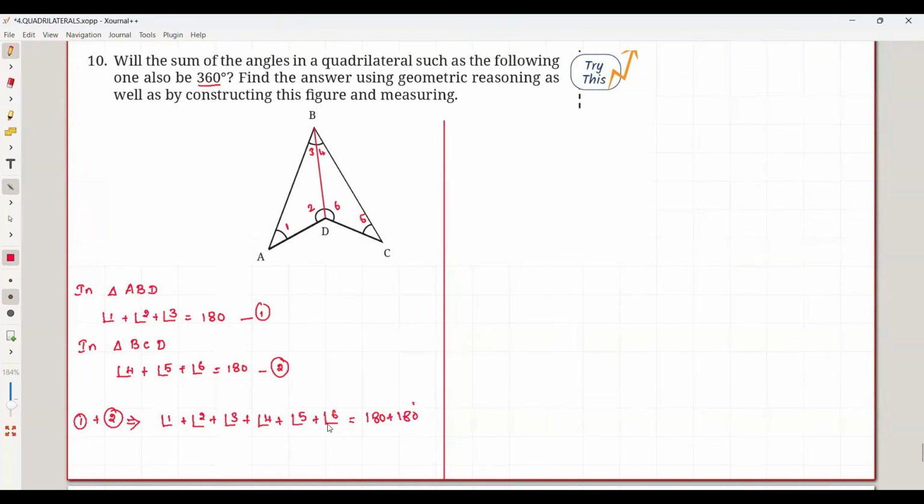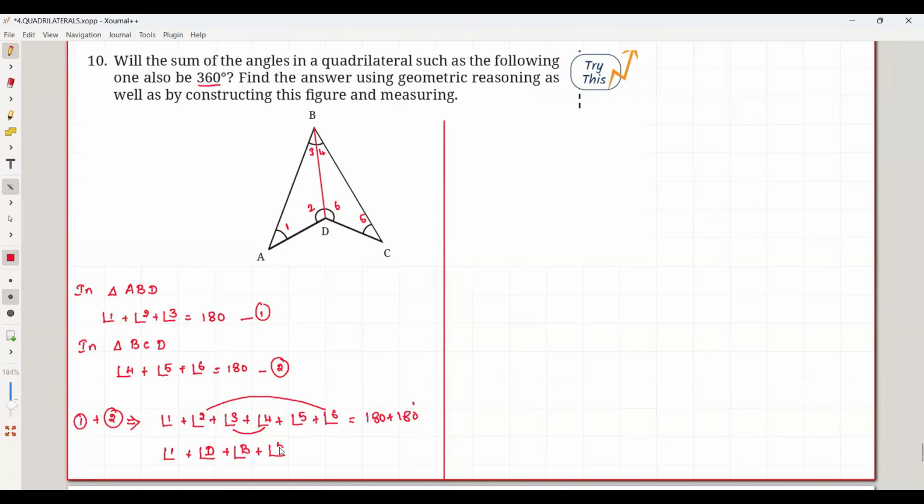Now, angle 2 and 6 we can combine, and we'll be getting angle D. The same as angle 3 and 4, if I add, I'll be getting angle B, plus angle 5.